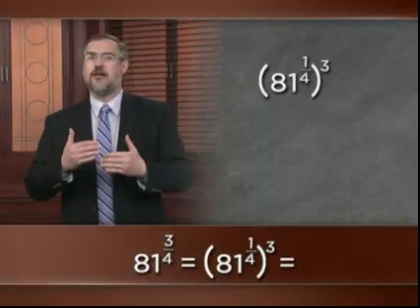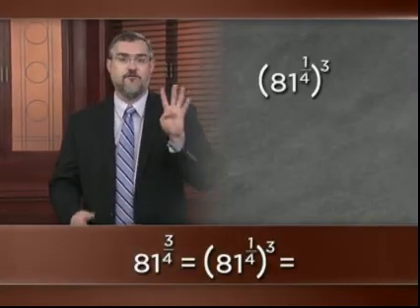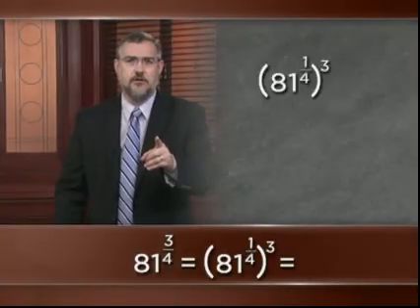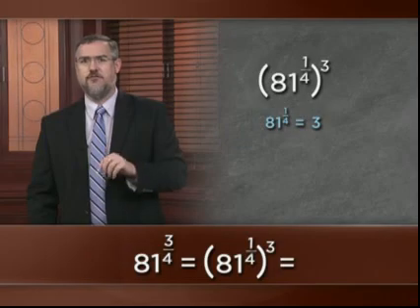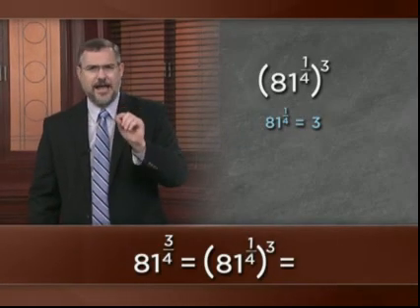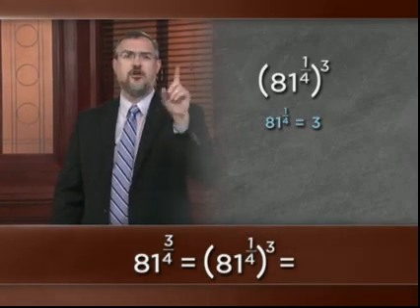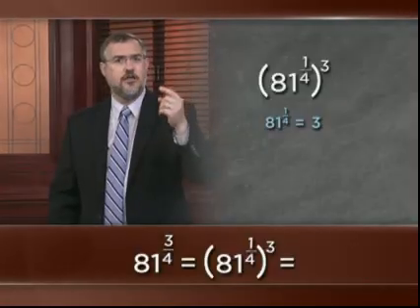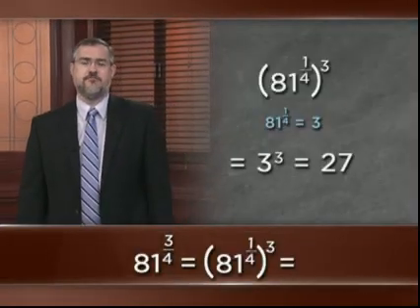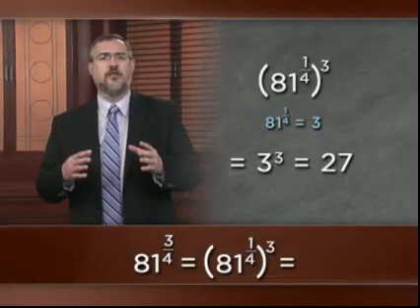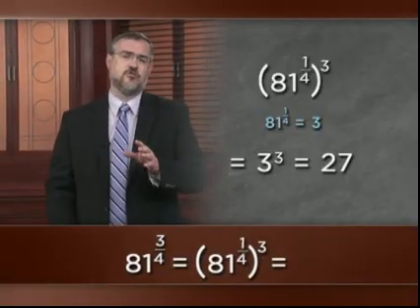So you need to think about a number which, when raised to the 4 power, gives you 81. What would that be? Well, that would be 3, because 3 to the 4th is 81. And so 81 to the 1/4 cubed becomes just 3 cubed. And of course, 3 cubed is 27. And so 81 to the 3/4 power equals 27.